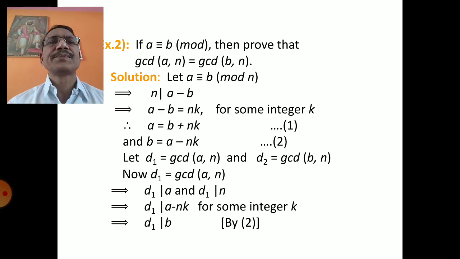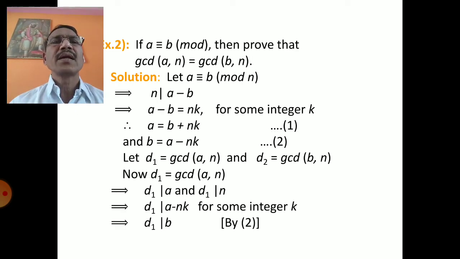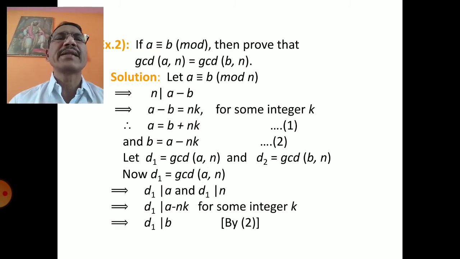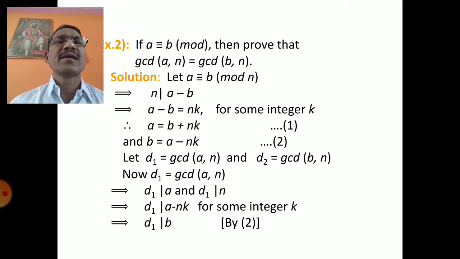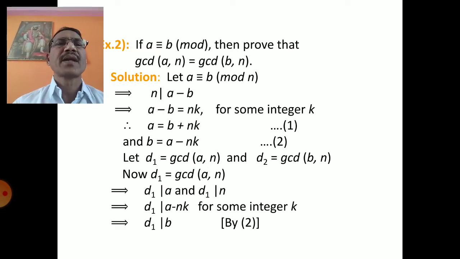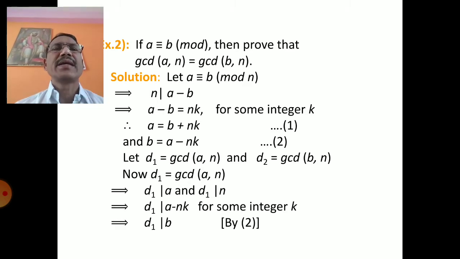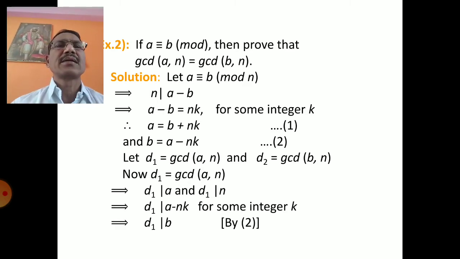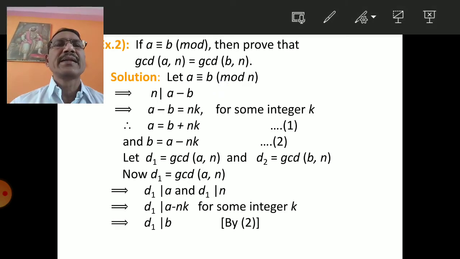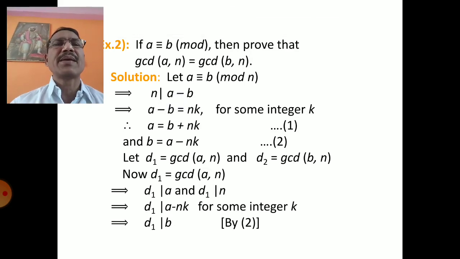Second example: if a is congruent to b mod n, now I forgot to write n there, then prove that the greatest common divisor of a and n is equal to the greatest common divisor of b and n. Now consider a is congruent to b mod n, then this implies n divides a minus b.